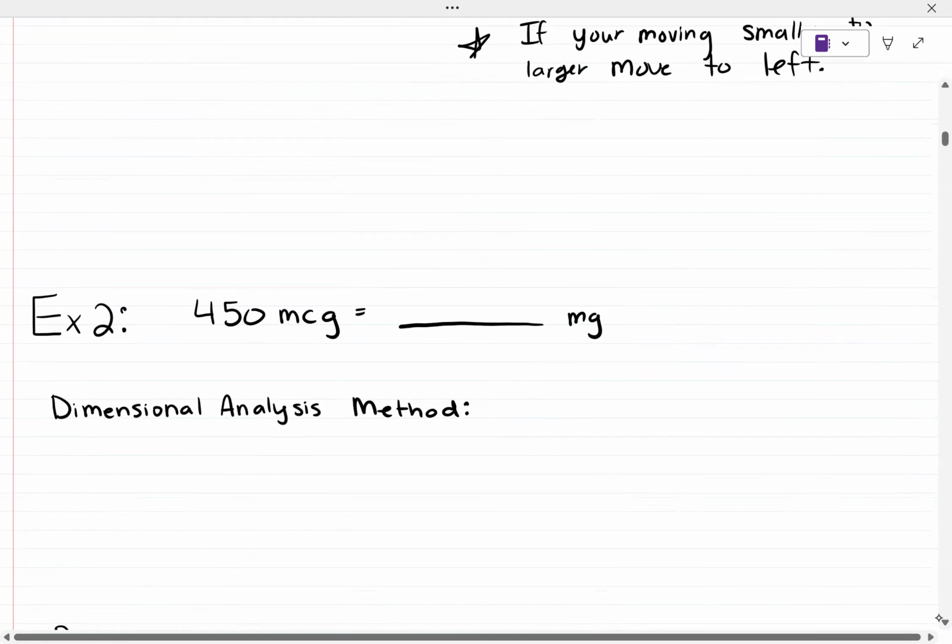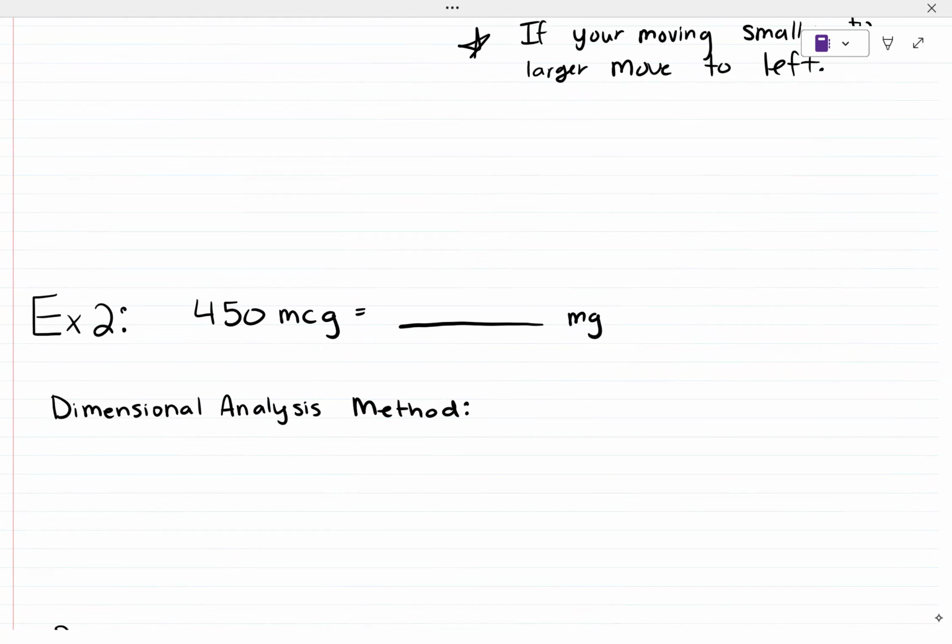Okay, so let's move on to example two. Hold on. Okay, so example two, we are given 450 mcg, and we got to figure out how many mg there is.